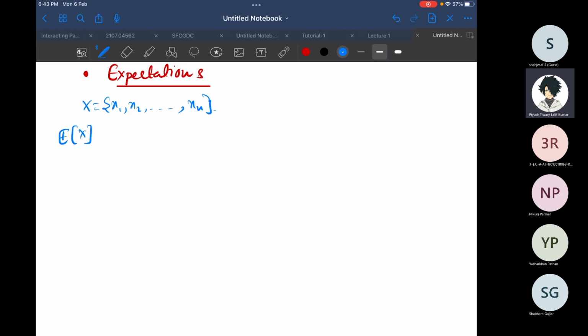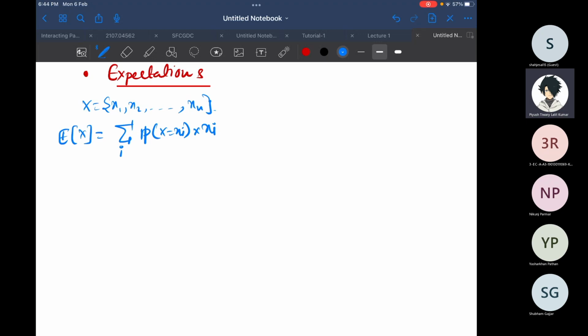Meaning, on an average, what do I expect the outcome to be? The way people have defined it is the following: you sum over i the probability of x equal to xi, into xi.